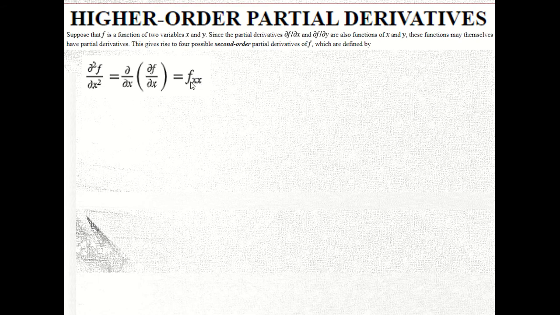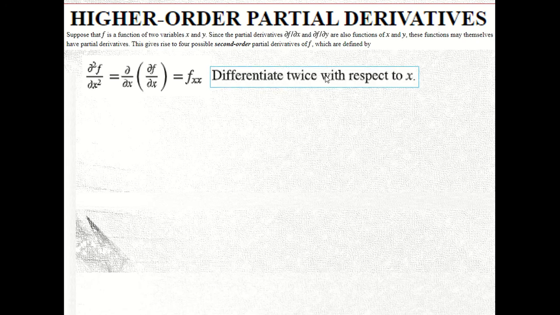So this notation means that we differentiate twice a given function with respect to x. First the partial derivative of the function with respect to x, and then we take the partial derivative of the resulting function with respect to x, and this is the notation.